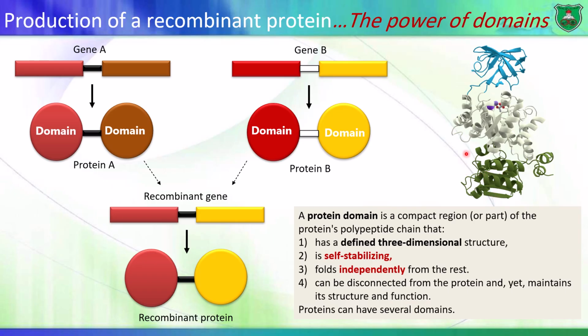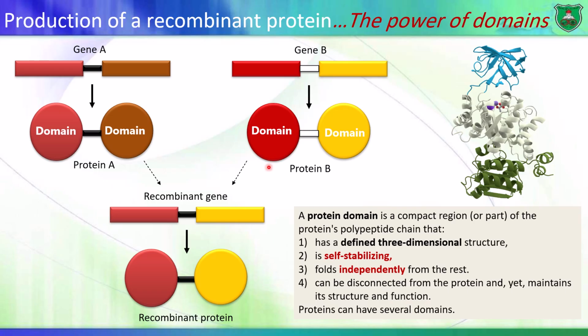So we can combine different domains from different proteins using genetic engineering. So let's say here we have gene A, and gene A produces a protein with two domains, and we have gene B, which produces a protein known as protein B, and it also has two different domains.